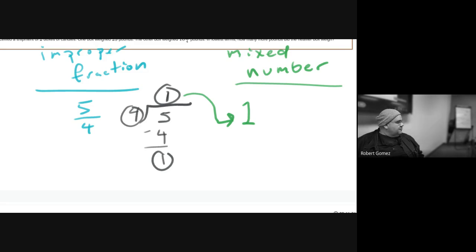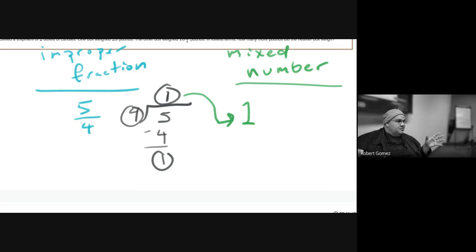Remember when we were doing basic division and we would have remainders, and I said just put an R next to it and write how much you have left? At that point you weren't going to do anything with the leftovers, but now we are going to do something with the leftovers.